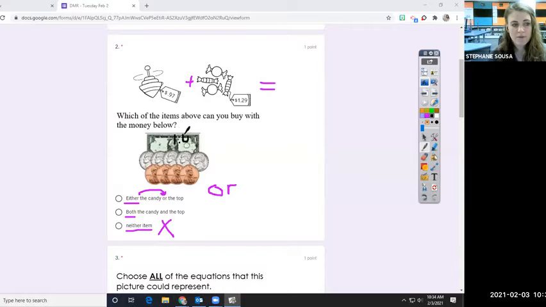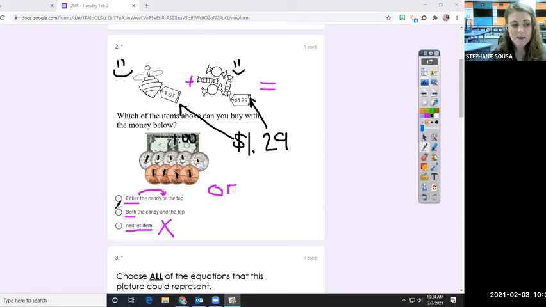I have $1, and then I have 5, 10, 15, 20, 25, 26, 27, 28, 29. So I have $1.29 here, okay? That is more than the top. So yes, I can buy the top. The candy is exactly that money, so I could buy that.